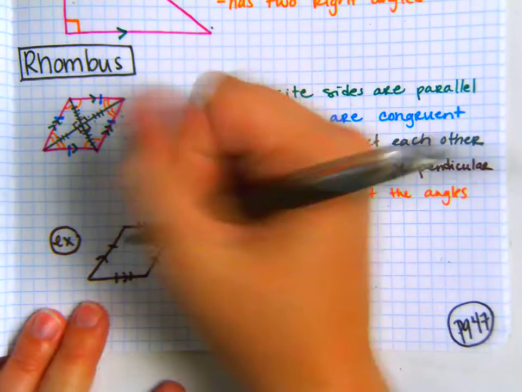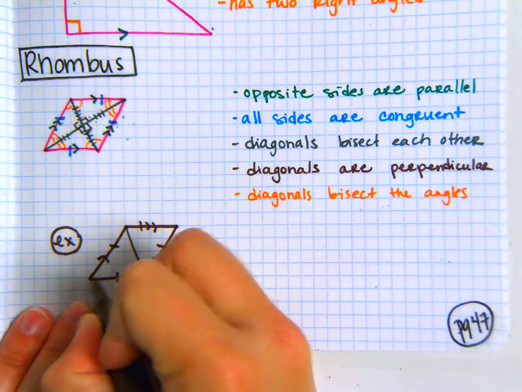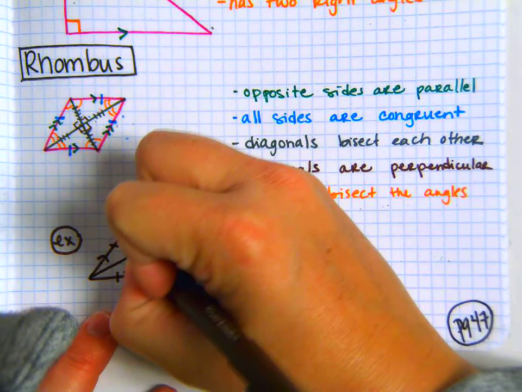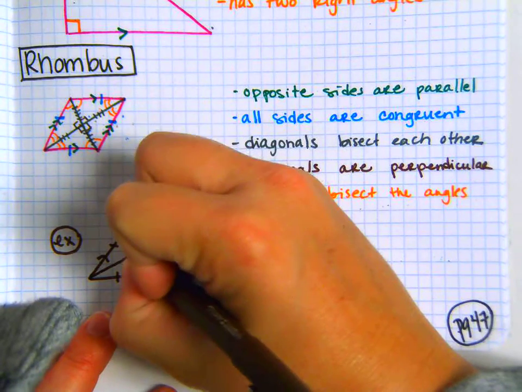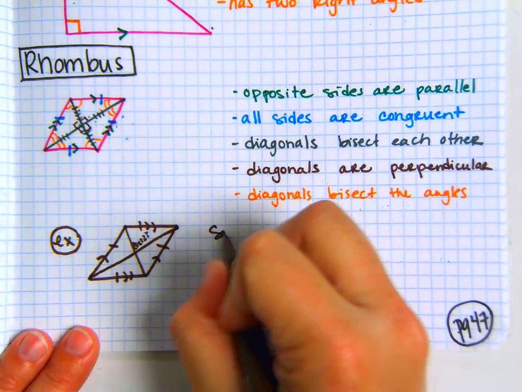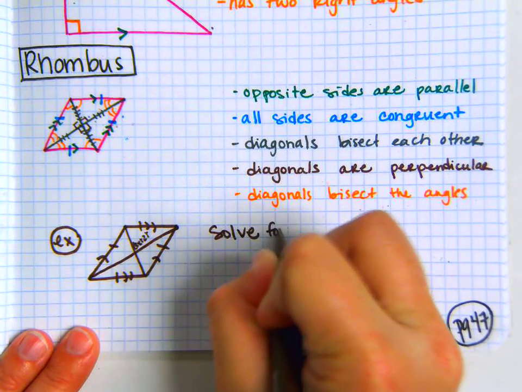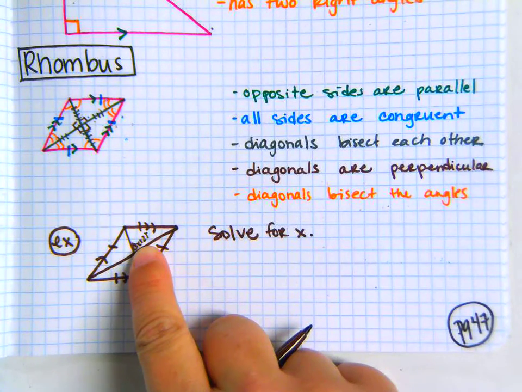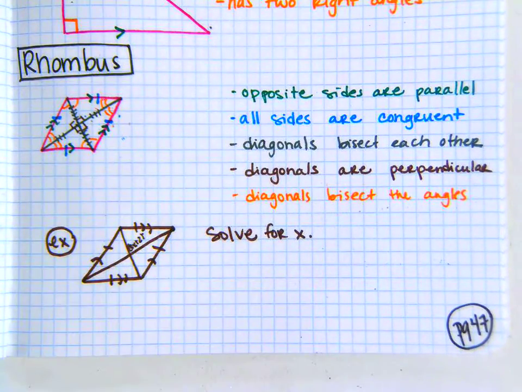All sides are congruent. And it's asking you to solve for x. And it's that angle right there. It's the angle that is made by the diagonals. That's what it wants you to find.